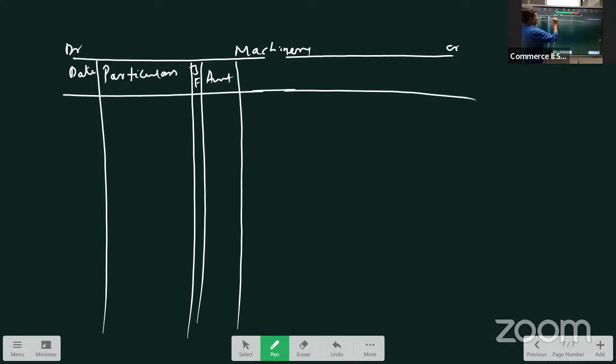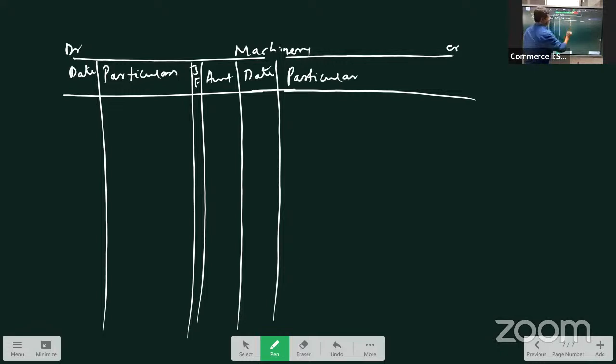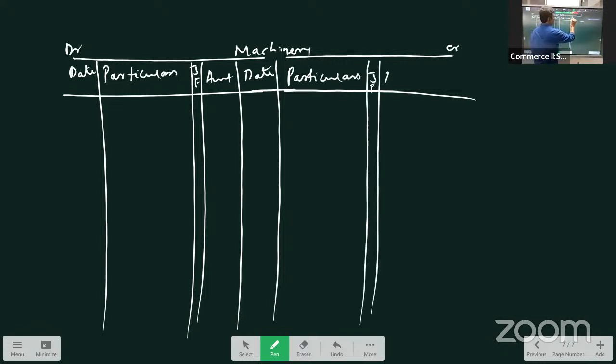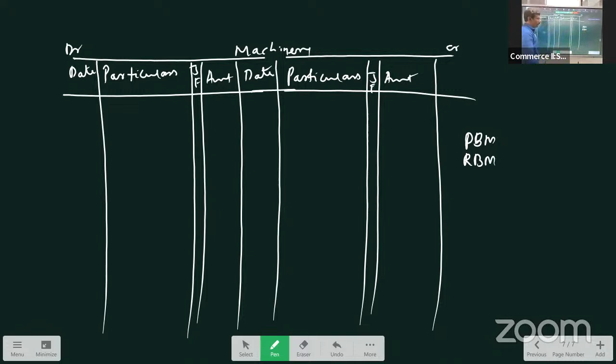Then again date, particulars, JF, amount. We are following the second method, the diminishing balance method, also known as the reducing balance method, or the written down value method.